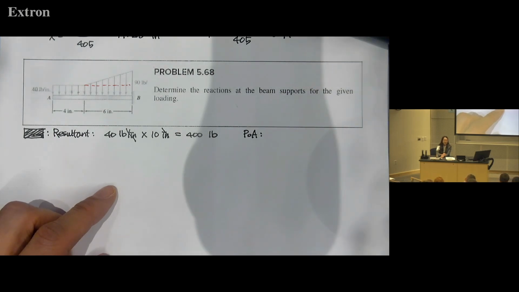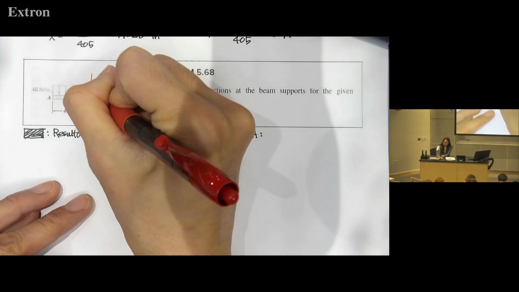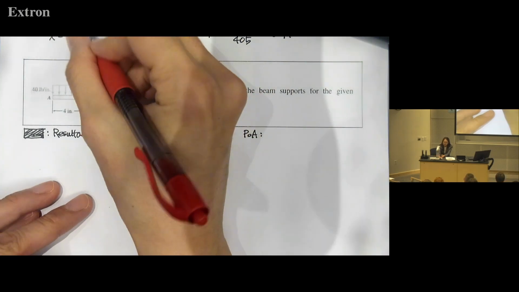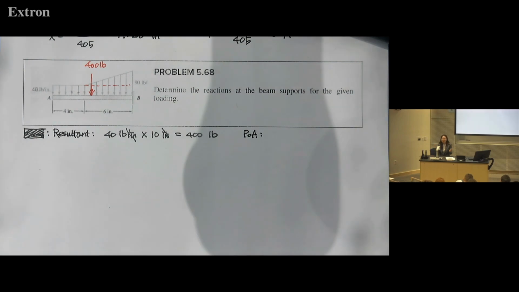Okay, and then point of action. Where is the centroid? 5. Great. So 5 is the centroid, and here, all 400 pounds is acting. So that is the equivalent loading approach.